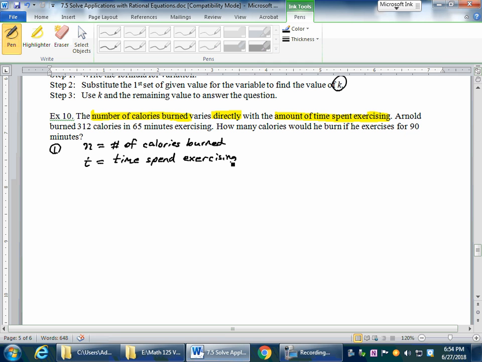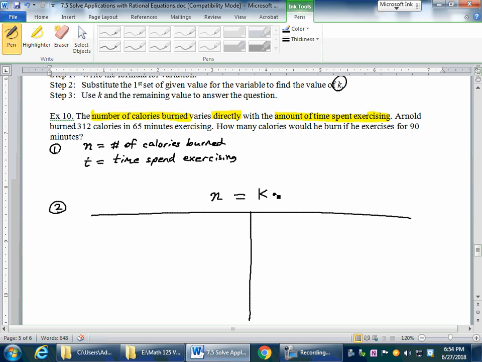Now that I've got this, this is how I usually teach my second step and third step, the T chart. We're going to write down the formula. The formula says that the number of calories burned varies directly with the amount of time spent exercising. So that means the number of calories burned is equal to k times, because of the direct variation, k times the amount of time that you spent. That will be the set apart.